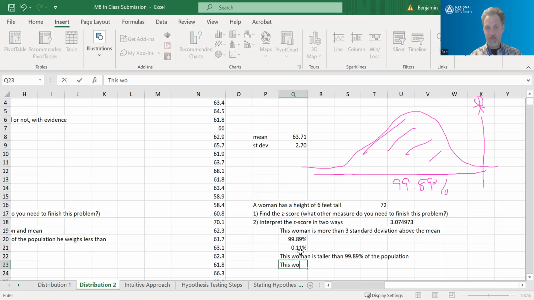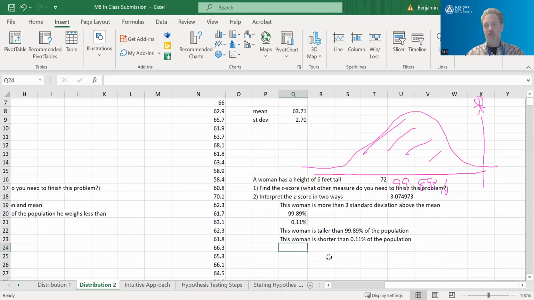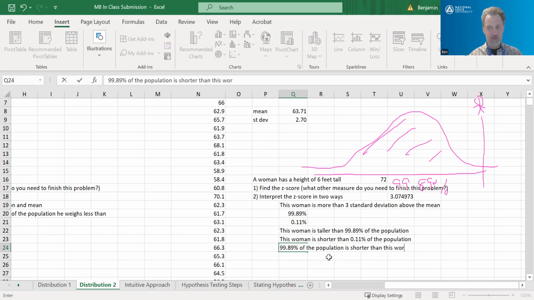Or this woman is shorter than 0.11% of the population. And they can be said in multiple ways. Like, this is the taller than, shorter than version, but I can say 99.89% of the population is shorter than this woman.